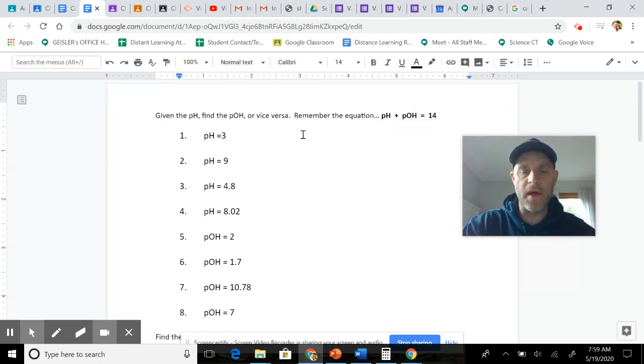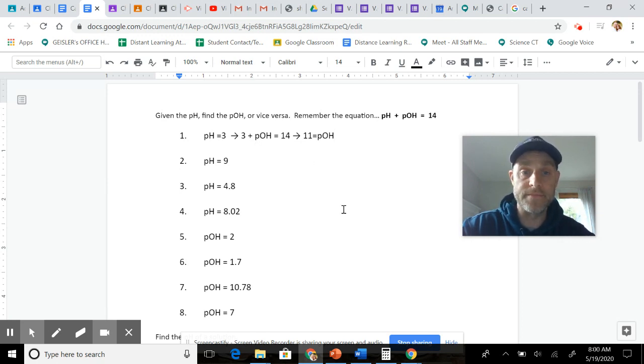Okay, so for the first one, if I have a pH of 3, using this equation, 3 plus pOH equals 14. So all I got to say is, well, 3 plus what equals 14? I'm not a math guy, but hopefully you know, well, that's 11. That is the pOH. You're done.